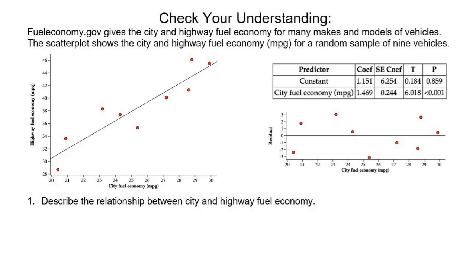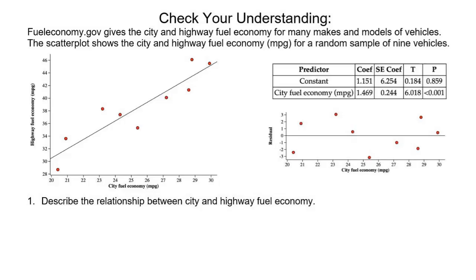S, strength. And there's one more thing that we have to make sure to get in there. Context. So what's our context here? What is this showing me a relationship between? City fuel economy, highway fuel economy. So I would say that the relationship between city and highway fuel economy is, let's walk through DUFS.